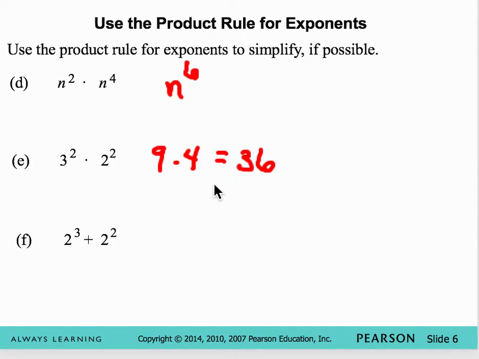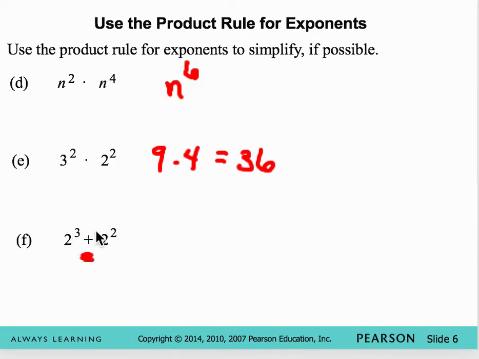I cannot use any of my exponent rules if the bases aren't the same. And this one, be very careful about this one. That's not a product. Remember, we've mentioned before, we never, ever have rules or properties or shortcuts that involve adding and subtracting, right? The plus sign, be careful, don't do it.